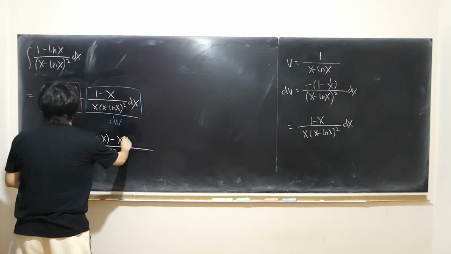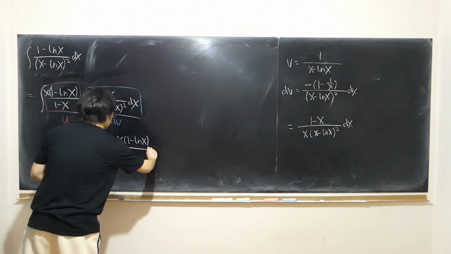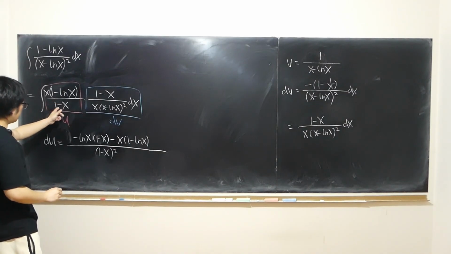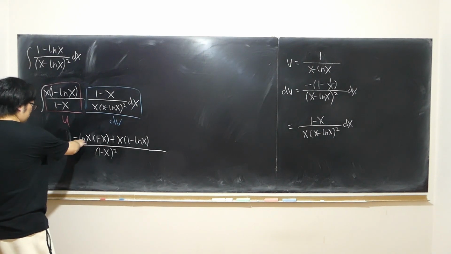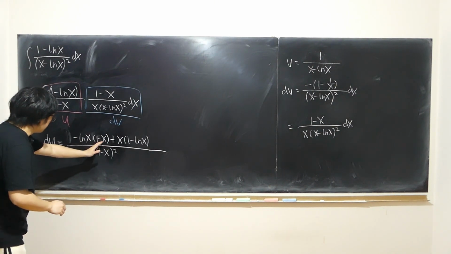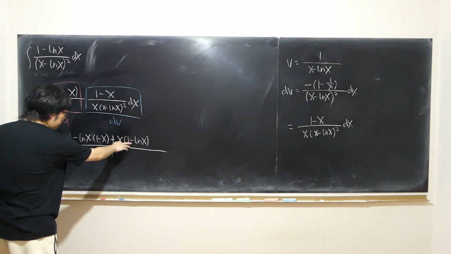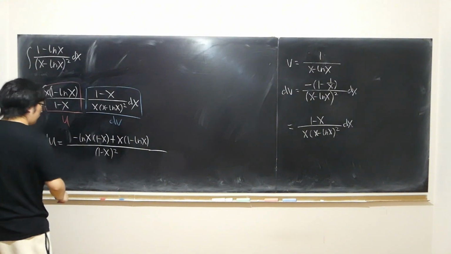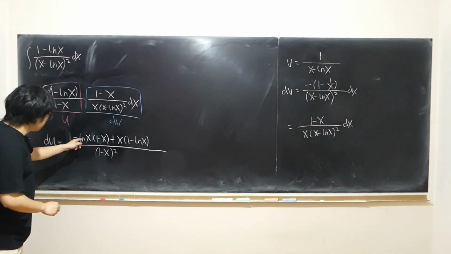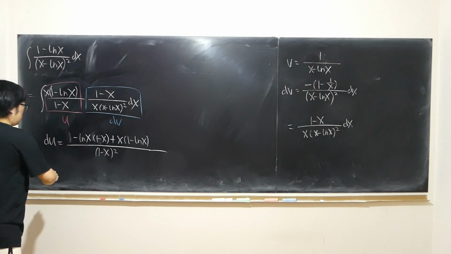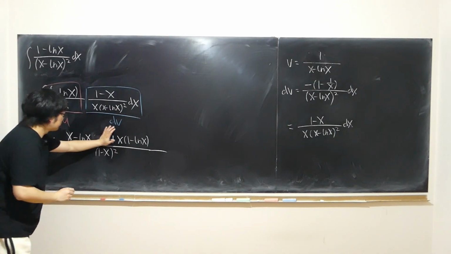So here, x, differentiate the bottom, negative 1 plus. So negative x times log x, positive x times log x, negative x times log x. So they're gone. Here x is right here, but negative log x. So it's x minus log x. That's all I have.